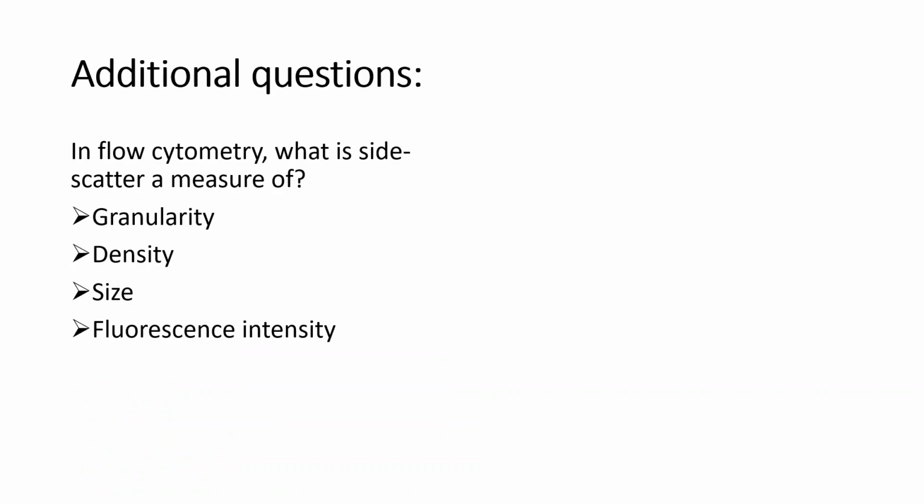Now we have a few additional questions that we have added. The first question: in flow cytometry, what is the side scatter a measure of? Granularity, density, size, or fluorescence intensity? You can write the answers in the chat box and we will discuss.